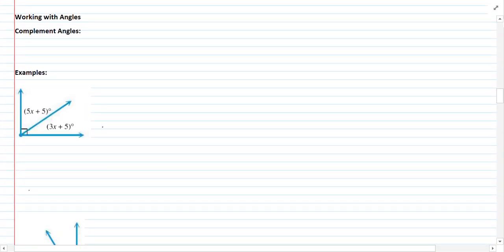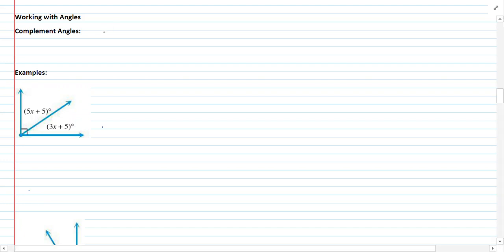So now we're talking our algebra component. So complementary angles, and you've had this somewhere in your studies in high school or in whatever prep school you've been.